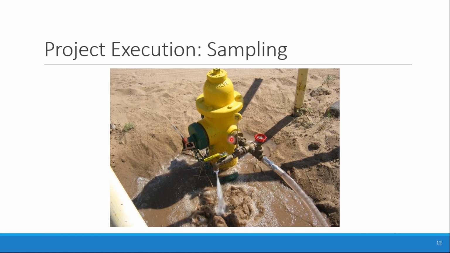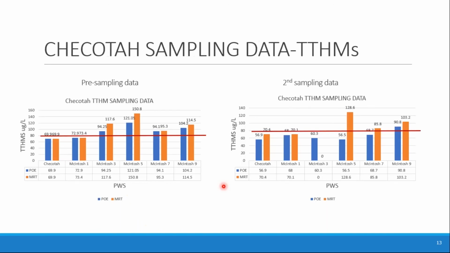Basically, if water systems are having trouble finding sites that they want to sample, or they know the areas long in the distribution system that have issues and don't have a sampling site, they can use this hydrant sampler, which is designed to reduce the flow to 20 gallons per minute once fully opened, and it does have a probe here for a thermometer, so you can measure the temperature, and a valve here where we can adjust the flow to the stream that you want. So that is a tool that was described to the operators.